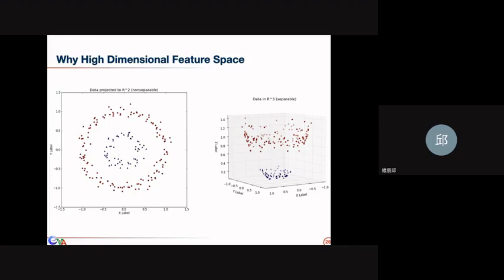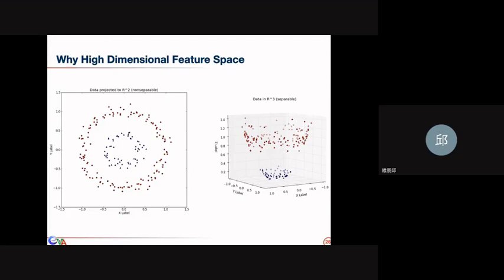I can simply have a linear decision boundary around here to separate the red group from the blue group. I hope this can give you an intuition behind why we would like to have a higher dimensional feature space.